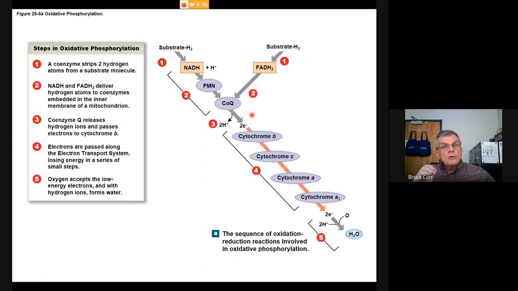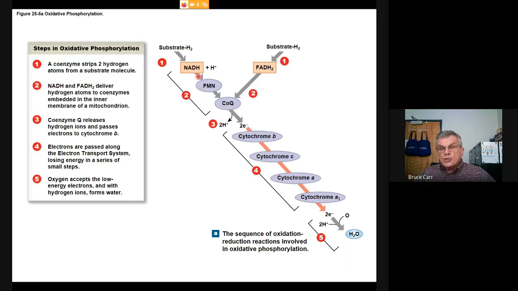The secret's going to be we're going to use the energy release to pump protons across the membrane and concentrate them on one side. It's then going to run through a special channel that's going to couple that movement through the protein channel with ATP production.